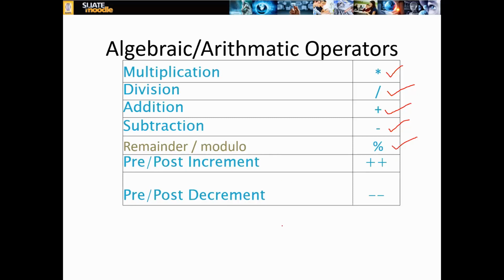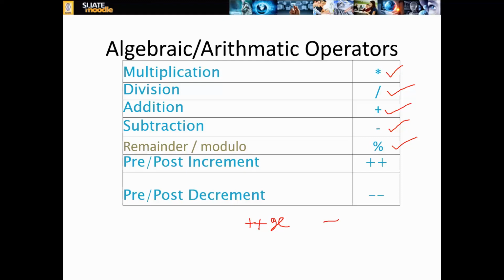Sometimes we may use this as this, right? Here you have two options, right? So pre means before, post means after. Assume that this is a variable x. So when you have these operators at the beginning, that means before the variable, right?